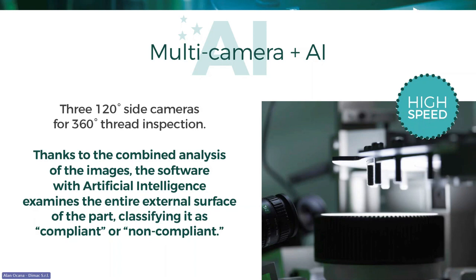By combining the images from all three cameras, the software performs, let's call it a composite analysis of the entire external surface. It then classifies each part as compliant or non-compliant based on learned patterns and defect recognition. So this is not just vision, it's intelligent vision.